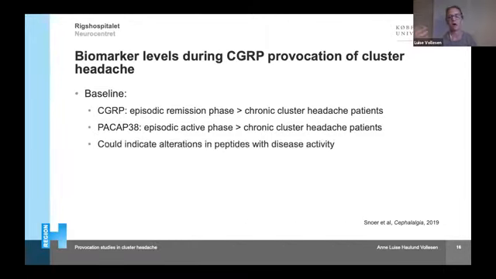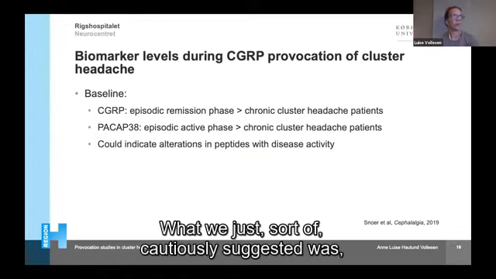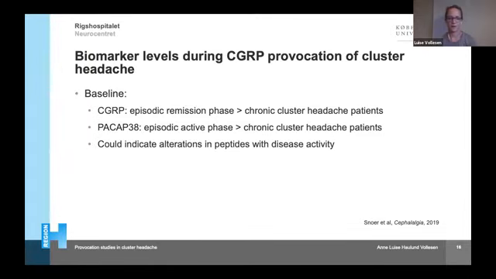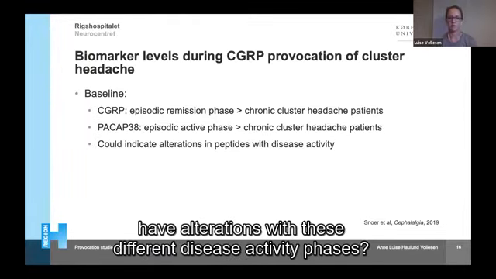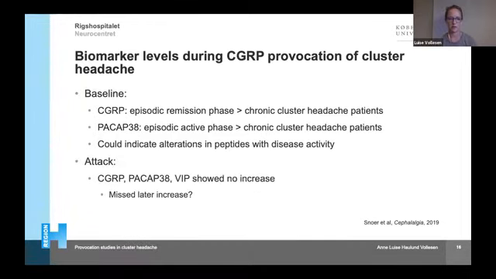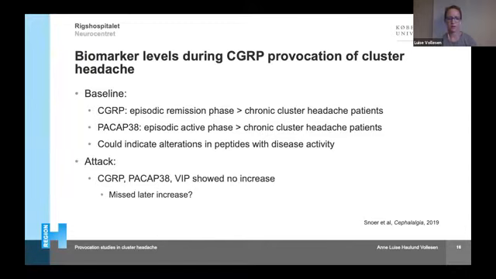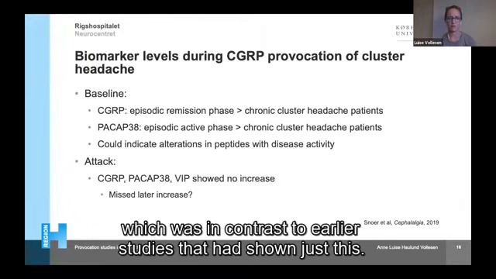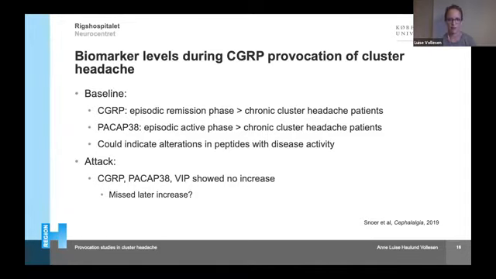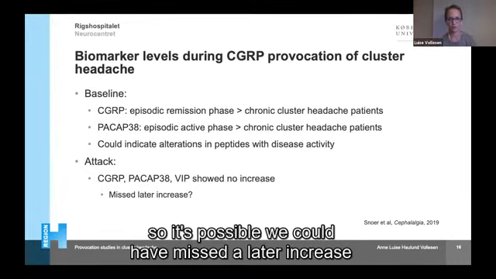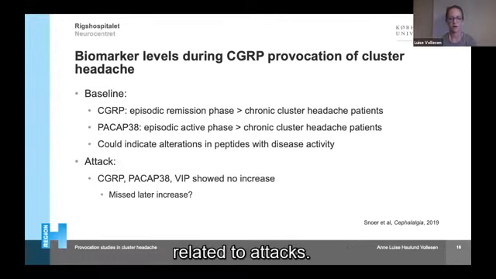We cautiously suggested: could this indicate that these peptides have alterations with these different disease activity phases? During the attacks, we saw no increase of CGRP, PACAP38 or VIP levels, which was in contrast to earlier studies that had shown just this. We did sample the patients quite early on in their attacks, so it's possible we could have missed a later increase related to attacks.